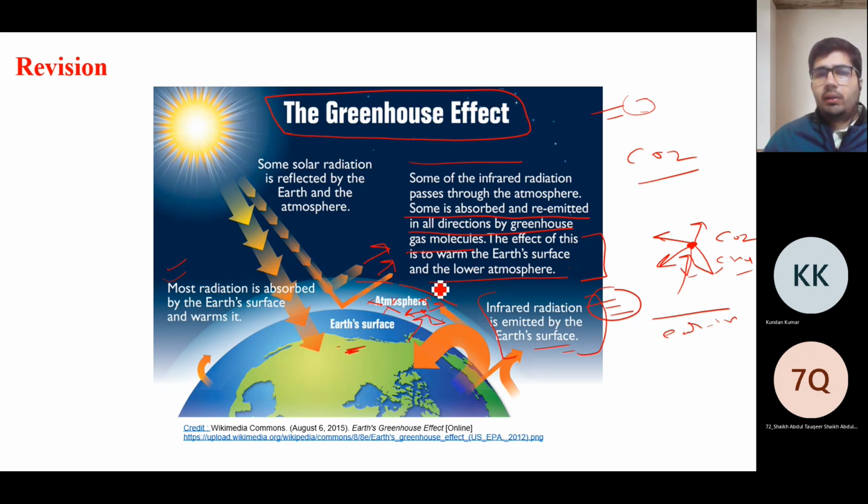The heat was reflected, but again this molecule is reflecting the heat towards the Earth. So in this way, this will move on. Every molecule will again emit, and in this way they will increase the temperature of the Earth's surface and surrounding atmosphere.